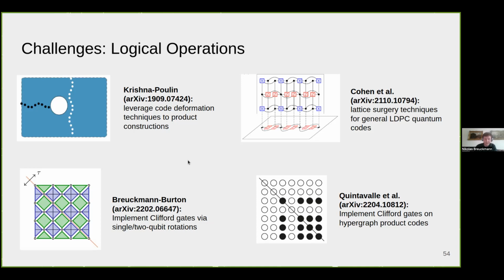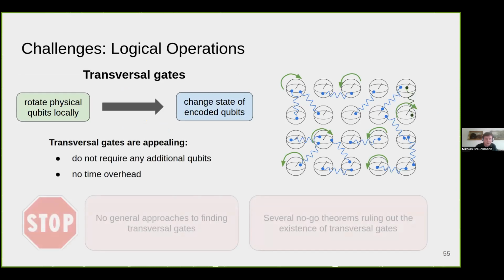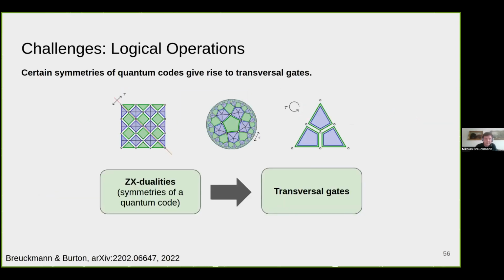But it's in the very early stages. It's important, though. There's a notion of dualities, which makes it possible to get a handle on what fault-tolerant gates can be present in LDPC codes.